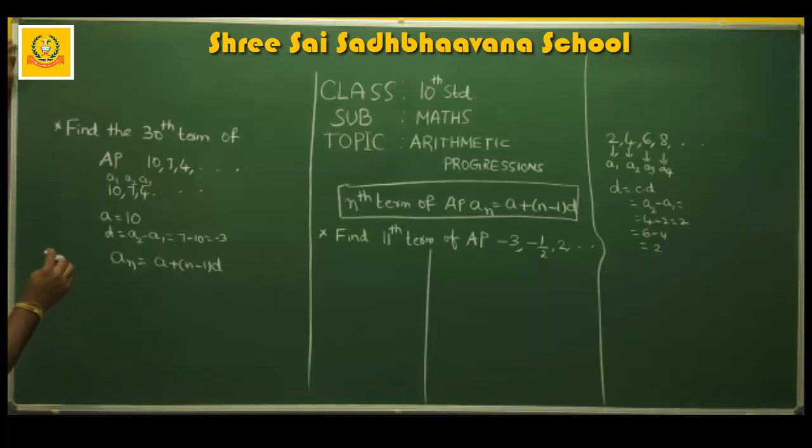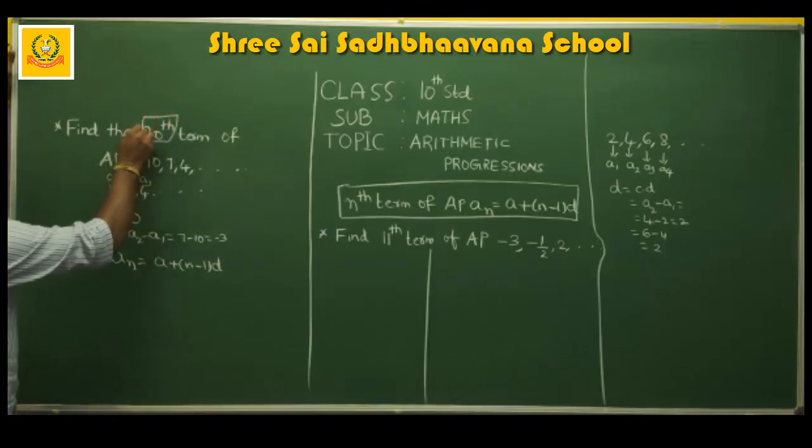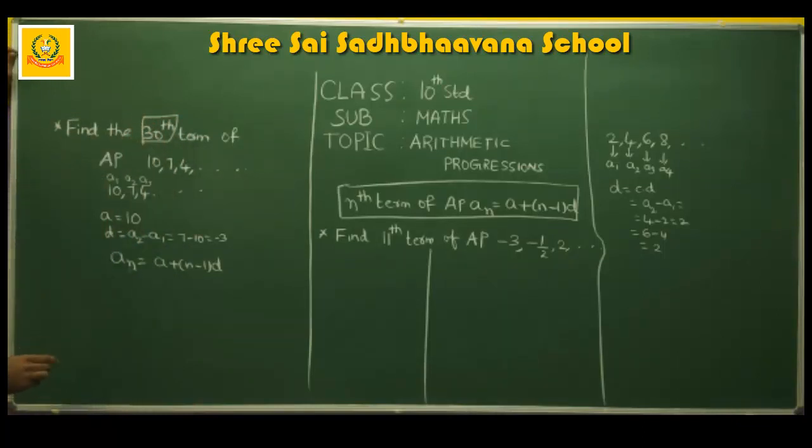As I said, it is the nth term, or you can find any term using this formula. So now, which term do we have to find? The 30th term. 30th means what should be the n value? The n value is 30. Remember that very carefully.